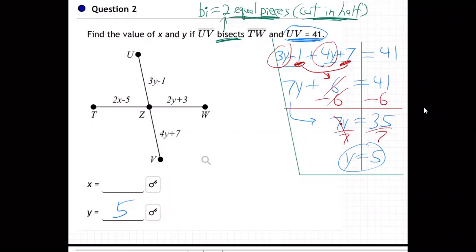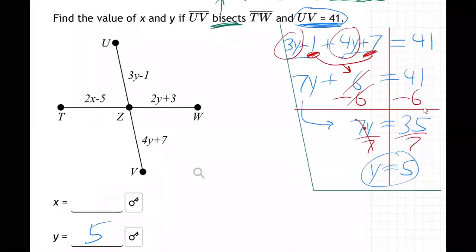So they're telling us that UV bisects, like a knife, it cuts in half TW. So that means right here, this and this have to be equal pieces.